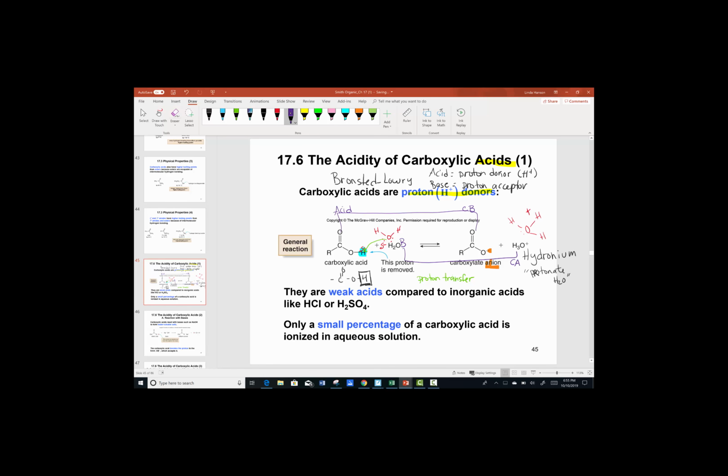So we're looking at acid-base chemistry in just a general way of looking at Bronsted-Lowry, but specifically with the carboxylic proton there on the OH part. So they're very weak acids comparatively to hydrochloric or sulfuric acid, but nonetheless, they do have an ionizing potential.